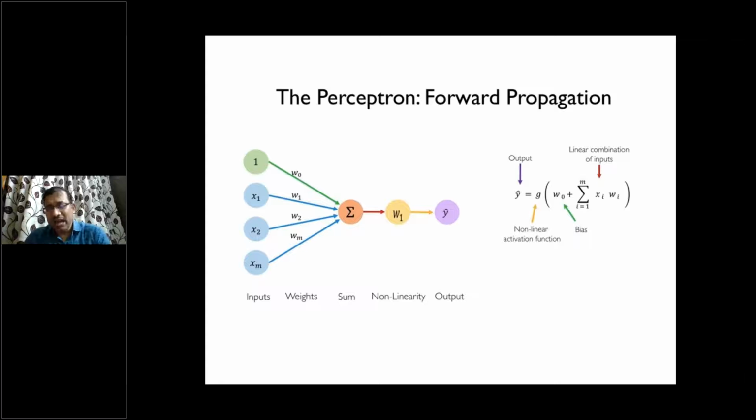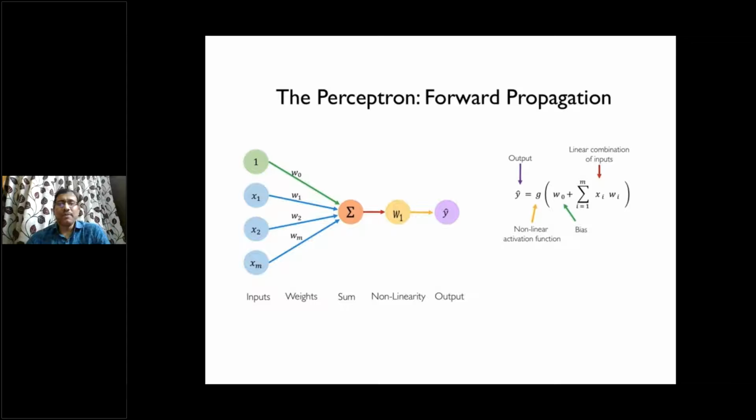Now that particular assumption, which initiated in the mid-90s, can be very well visualized by this particular figure. What I show here is that I have inputs to my perceptron, which are labeled x1 to xm, and there is a special input which is labeled as 1.